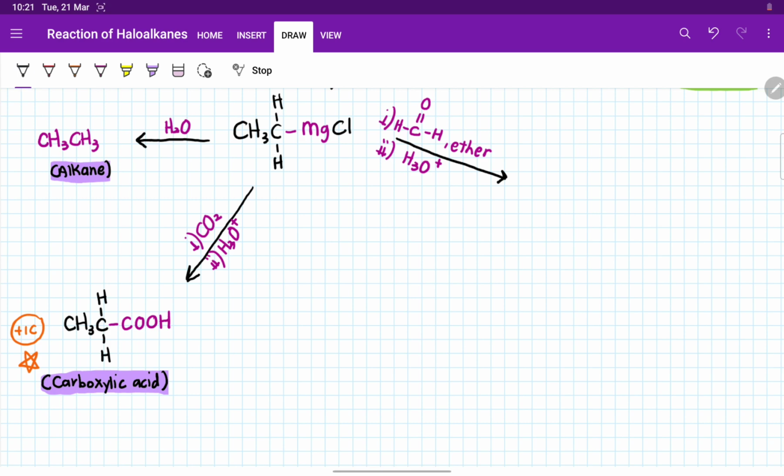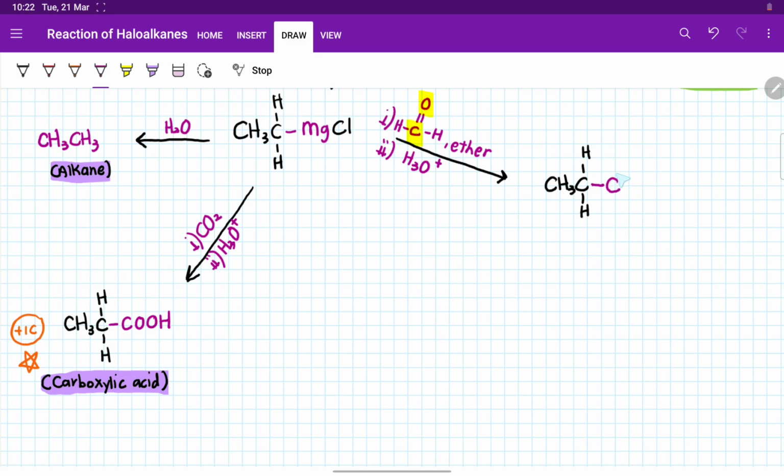Now, how are we going to draw the product? So, start with this alkyl group. So, CH3, CH. Okay, so for this carbon, kita akan sambungkan dengan which part of our methanol tadi. So, kita akan sambung pada carbon yang bonded kepada oksigen dekat sini, yang double bonded kepada oksigen. So, draw the carbon.